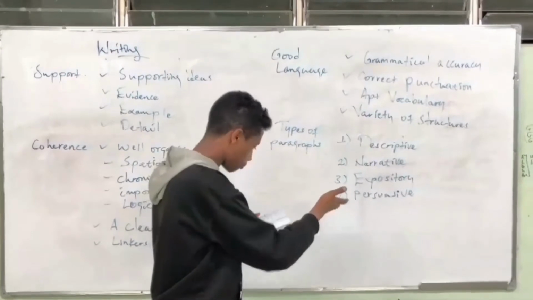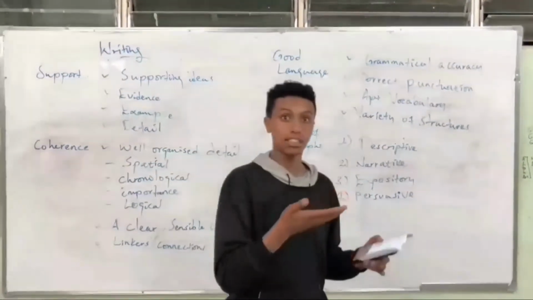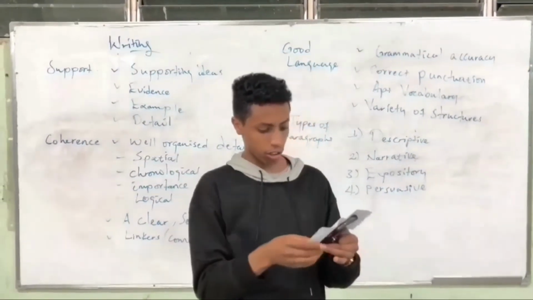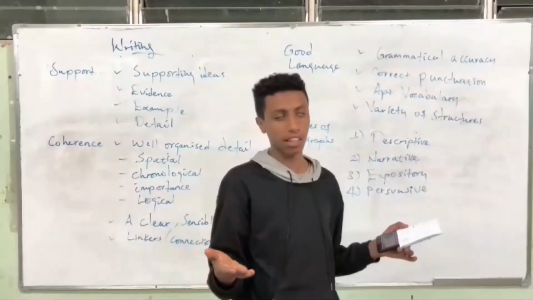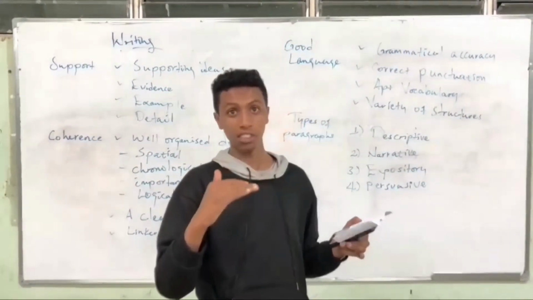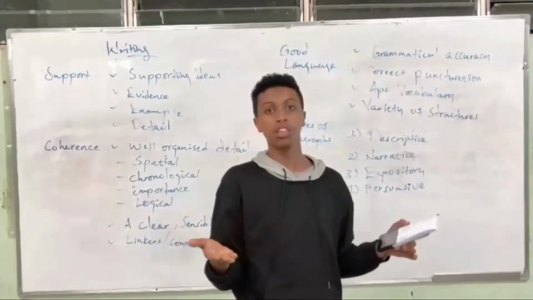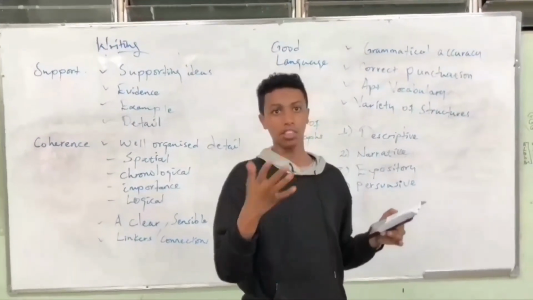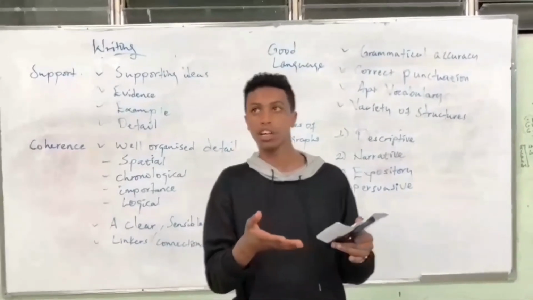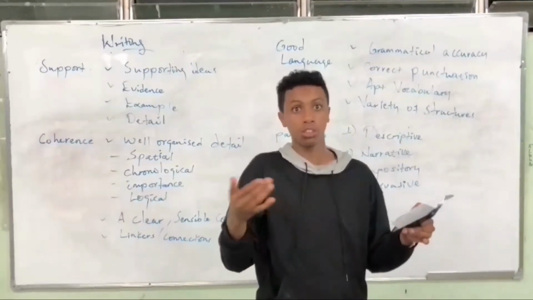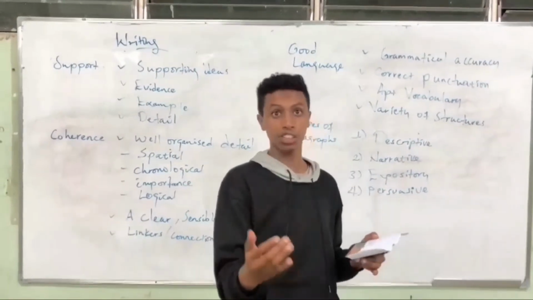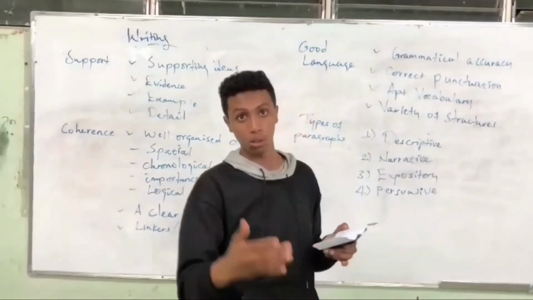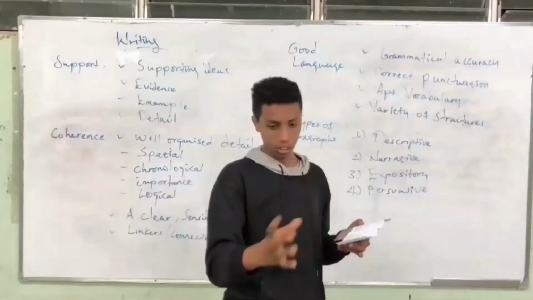Expository. This is scientific. It describes something very well. Maybe it's about scientific inventions that we make, describing how we do it and what its function is, and going into detail about the thing that we are talking about.